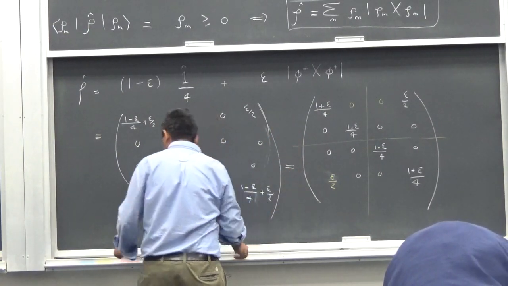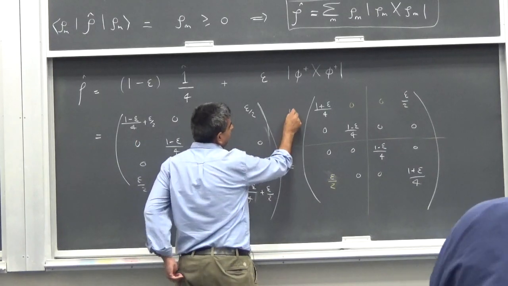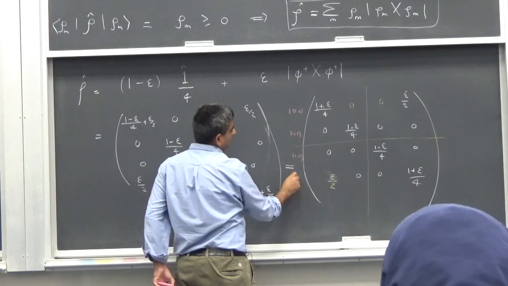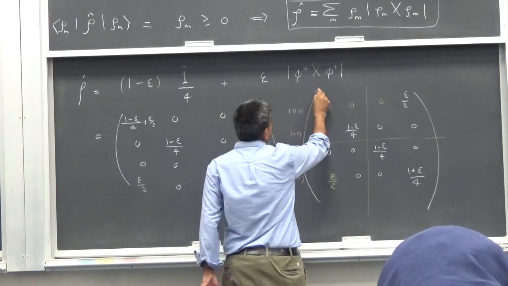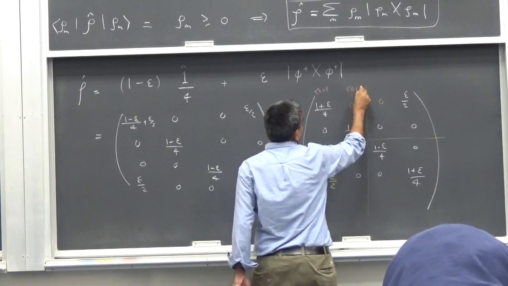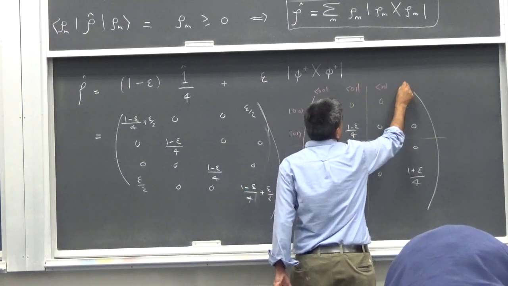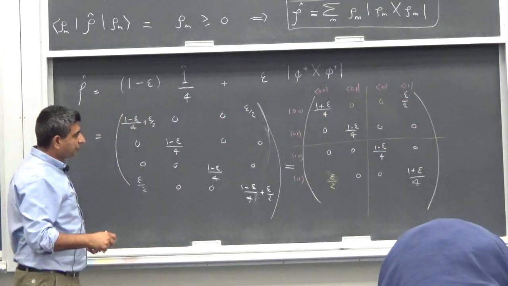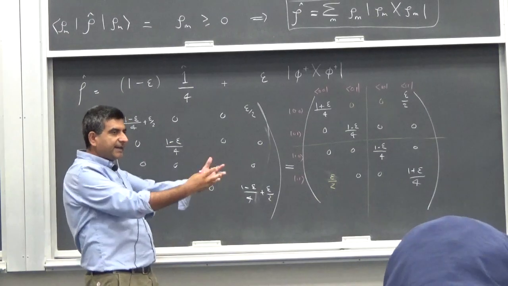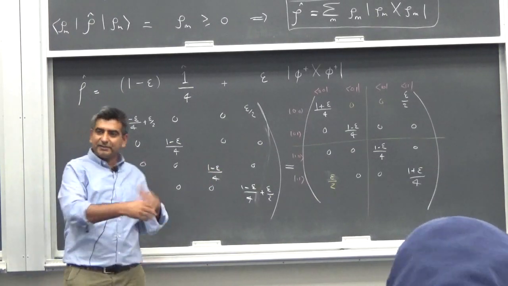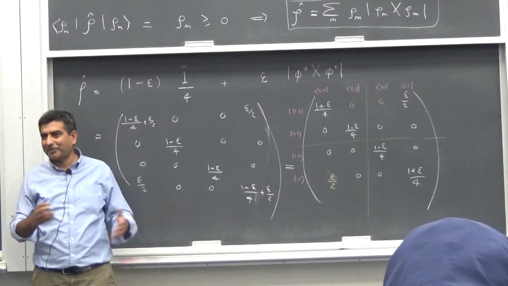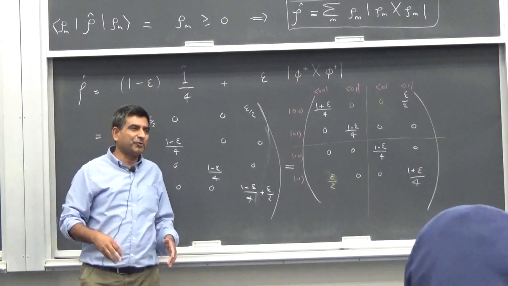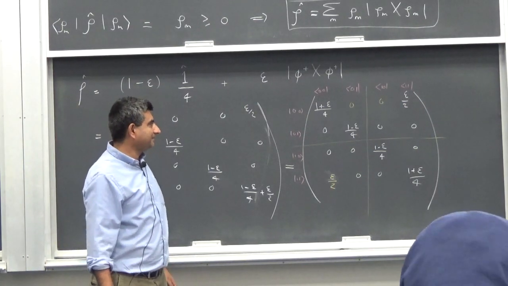This row corresponds to 00, 01, 10, 11, and the columns correspond to bra 00, bra 01, bra 10, bra 11. I can take the transpose of either the first qubit or the second qubit. Let's take the transpose of the second qubit.